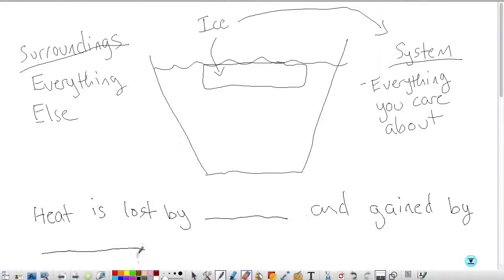Okay, so in this case, heat is lost by the water. The water is going to lose heat and the ice is going to gain heat. Okay, so heat is lost by the water, and since I said that the water are the surroundings, I can say the heat is lost by the surroundings and gained by the system.